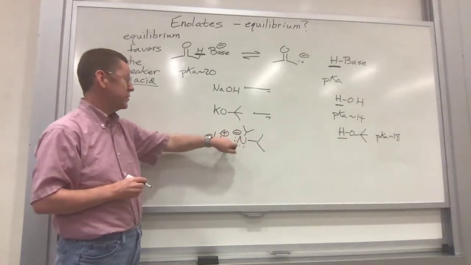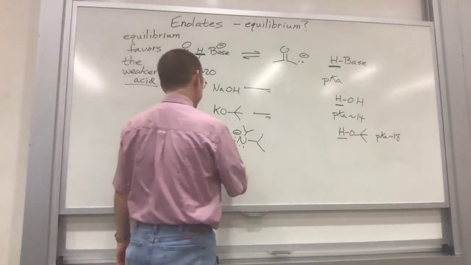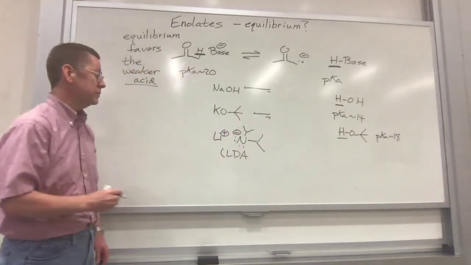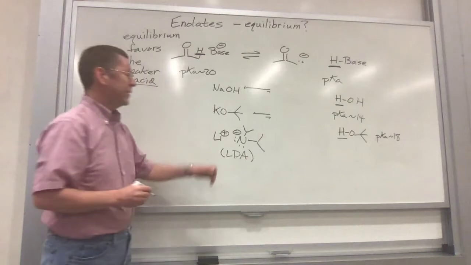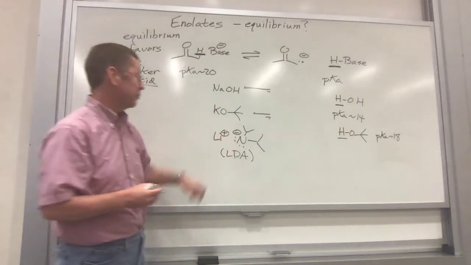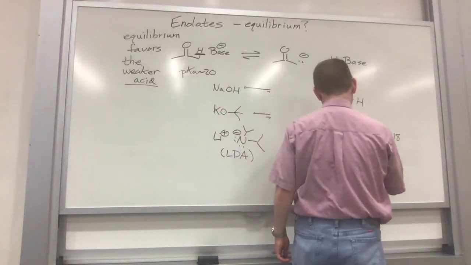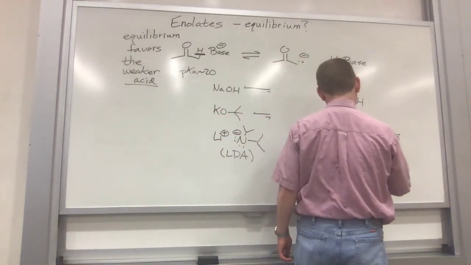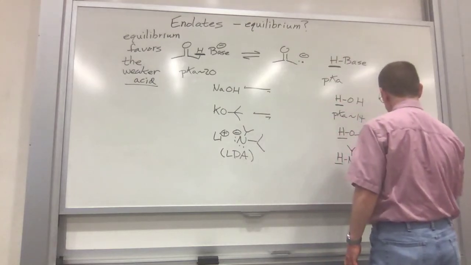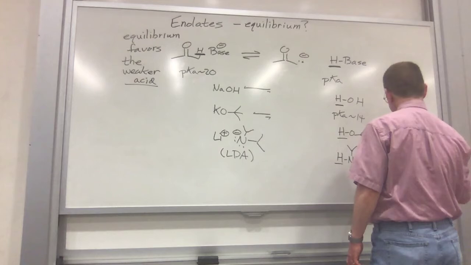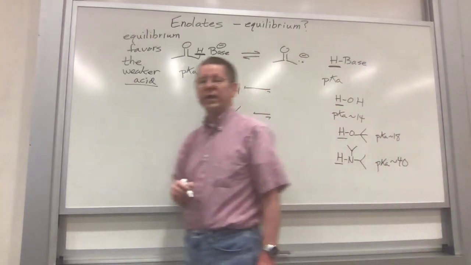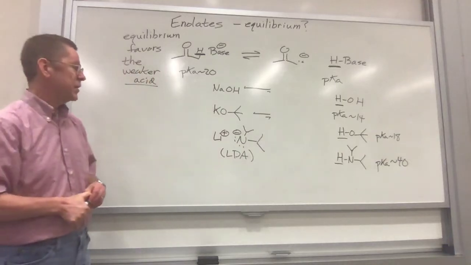So it's this nitrogen-centered anion. The abbreviation for this is LDA. And the conjugate acid of that is just the amine, diisopropylamine, where we've protonated that nitrogen. The pKa here is in the ballpark of about 40.